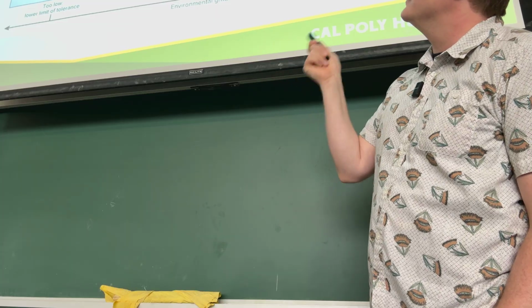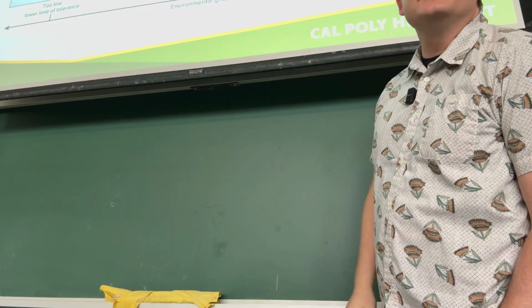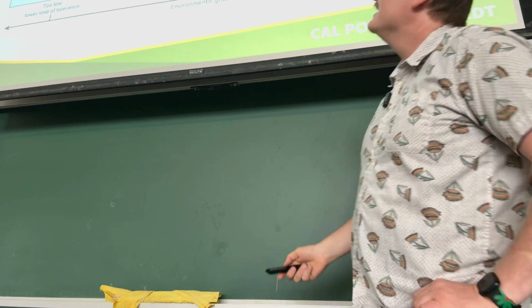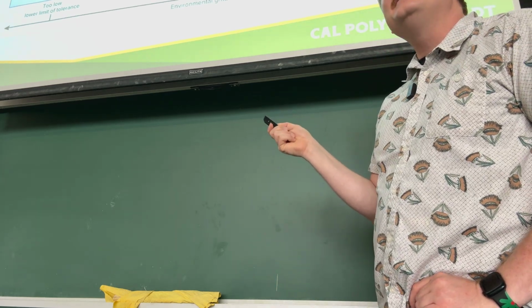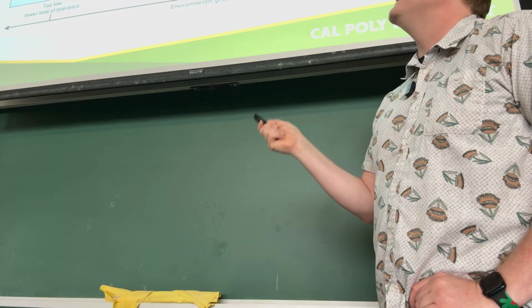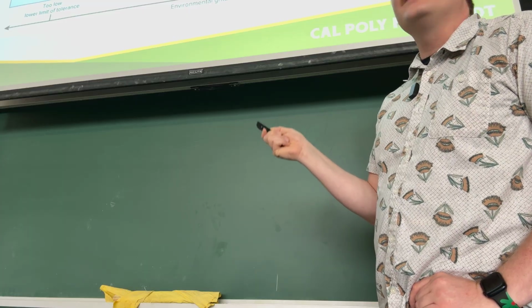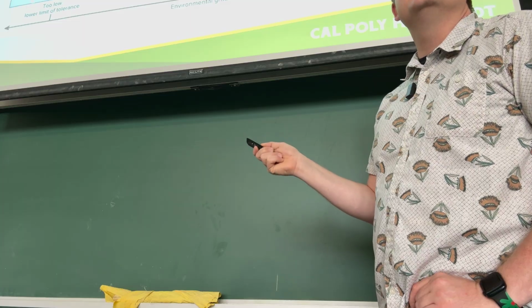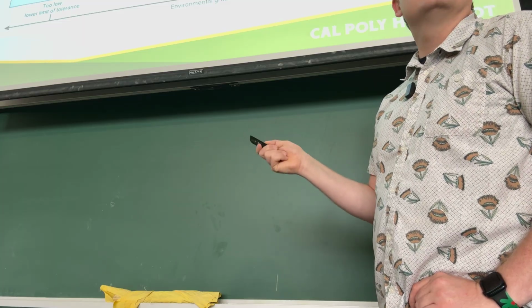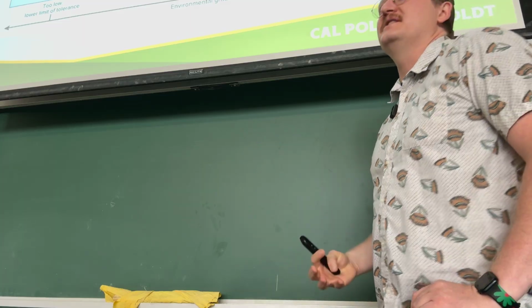It's got an optimal range of conditions under which the species is expected to be most abundant. It has these zones where the species is under physiological stress, but it doesn't kill it, and the species is expected to be less abundant under those conditions. And then, if you exceed the limits of tolerance, the species won't occur because it can't tolerate the environmental conditions.